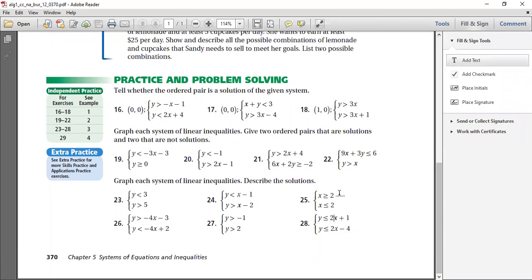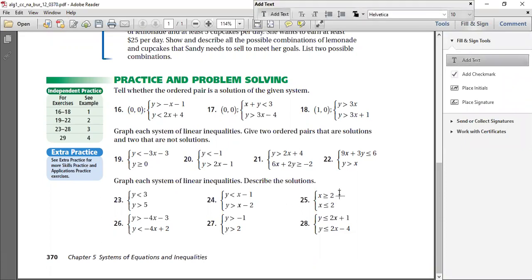That's why I wanted you to see different kinds of questions of the same lesson. All points are solutions, because the whole graph was colored, and there was no common part where they both were meeting, but the whole graph was colored. So that's why we said all points are solutions.